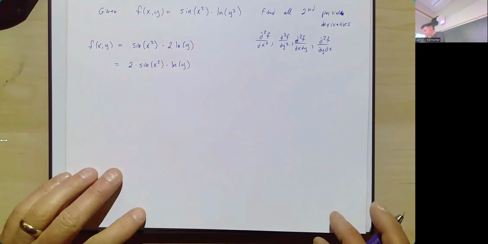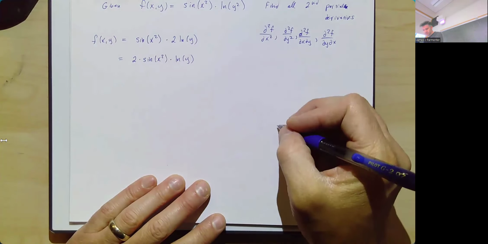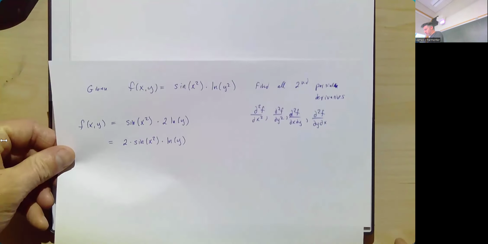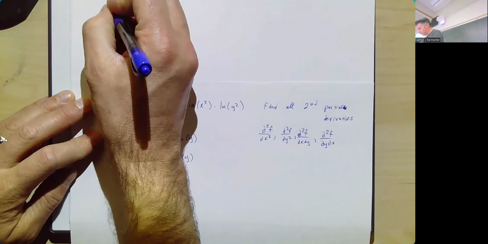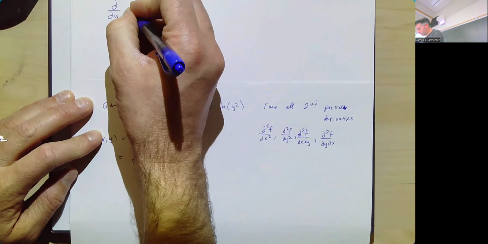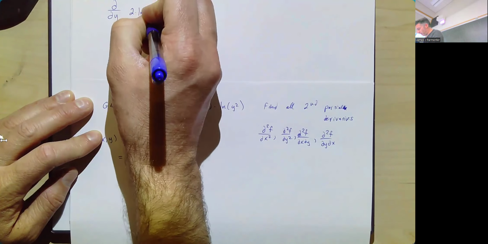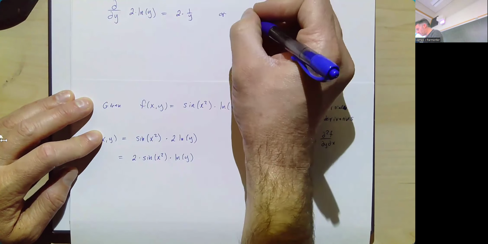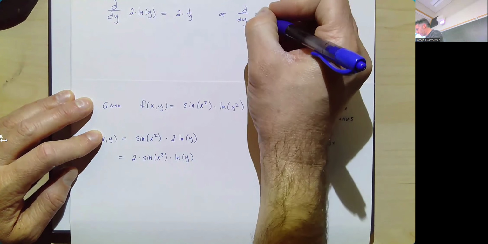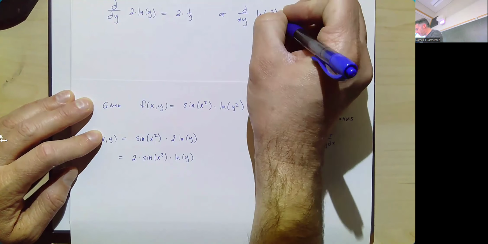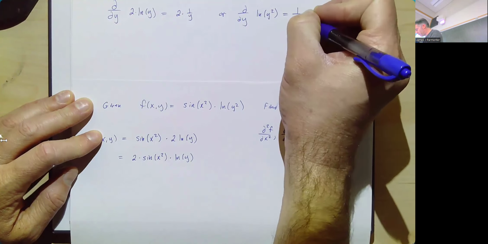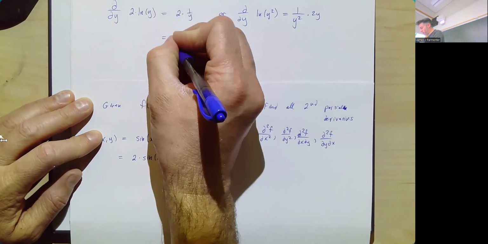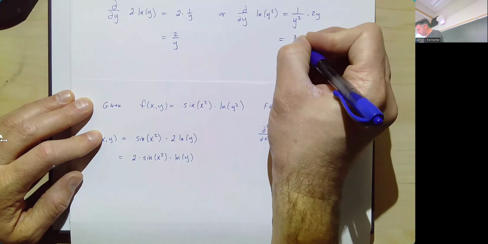I'll just point out on a different piece of paper. I want to mention here, whether you take the partial derivative of 2 natural log of y and get 2 times 1 over y, or you take the partial derivative with respect to y of the natural log of y squared and get 1 over your stuff times the derivative of your stuff, the answer is still 2 over y, either way you slice it.